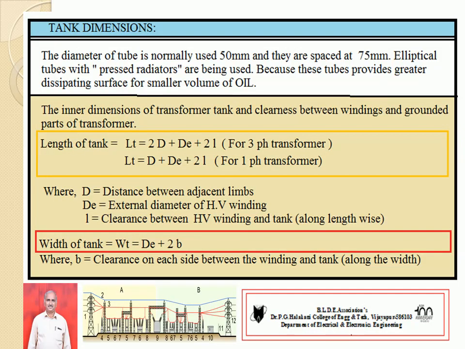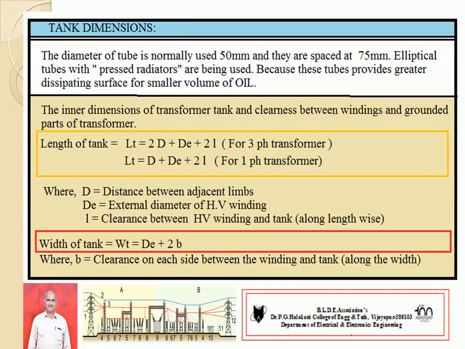Now you can see there, usually we are using circular cooling tubes of 50 mm diameter, and each spacing between two tubes is 75 mm. These are the standard dimensions. Instead of circular tubes, we can also prepare elliptical tubes, referred to as pressed radiators.